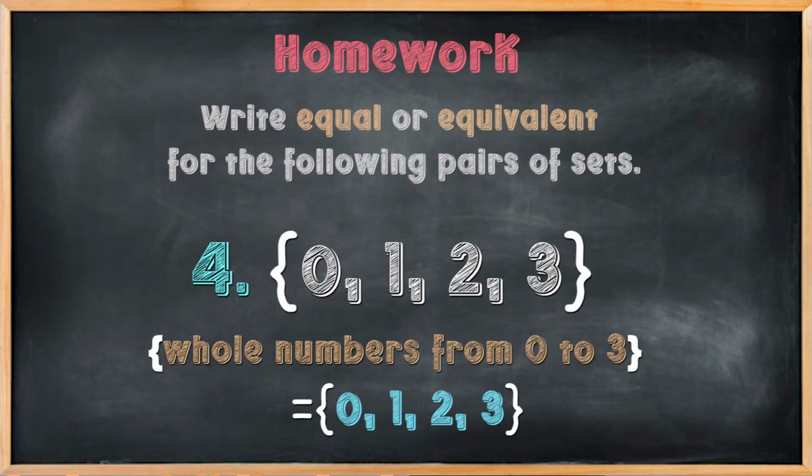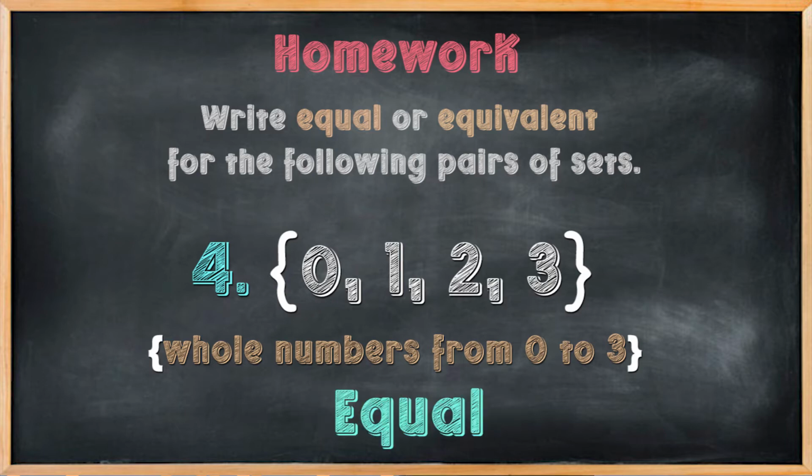Now the whole numbers from 0 to 3 are 0, 1, 2, 3. So it means, children, that that pair of sets are also equal. Equal.